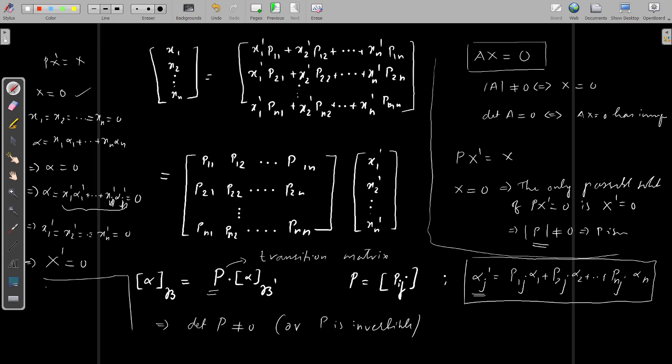So we can write the coordinates of alpha relative to the basis B prime as P inverse times the coordinates of alpha relative to B. This is what we call Theorem 7 in our textbook. So any two coordinates of the same vector alpha relative to two distinct bases B and B prime can be related using a non-singular matrix P.